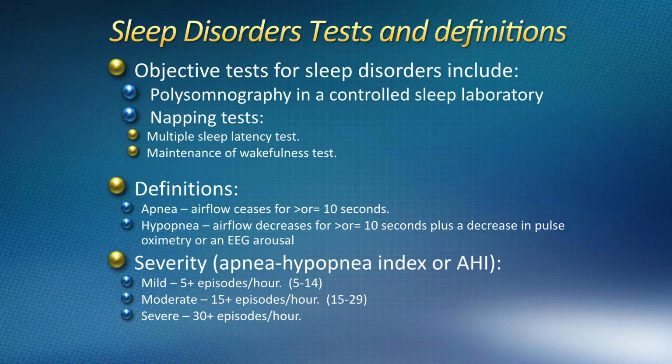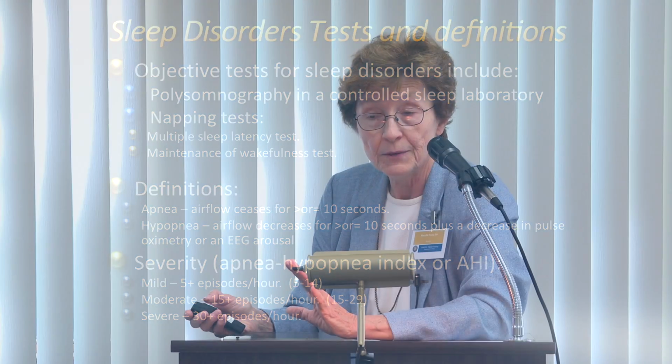So a polysomnography, as we talked about, is the nighttime test. It's the standardized test. It's the test that they basically want to see. However, many of the insurance companies are not paying for it. So what they're doing instead is covering home sleep testing. Home sleep testing is an oxymoron because it doesn't record sleep. It only records breathing.